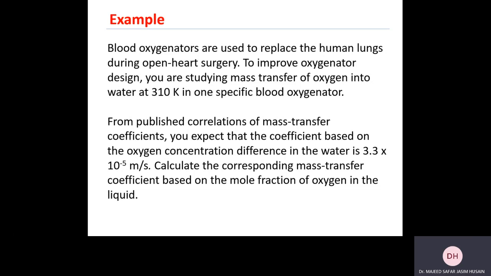So what does it want you to find? Find the MTC, but based on the mole fraction of oxygen in the liquid. Try to solve it yourself before you continue to the next slides. If you are not able, just proceed with this example.